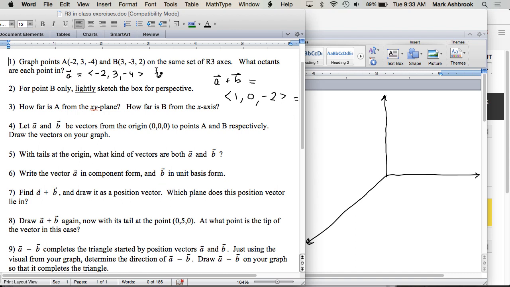And the vector B is, and this is only why, because to find A, we put its tail at the origin. Therefore, these points are also the components of the vectors. 3, -3, 2. So now do you see why A plus B is 1, 0, -2? You got it now?